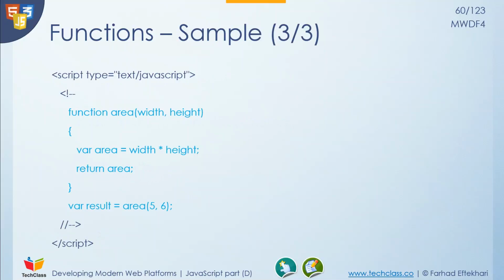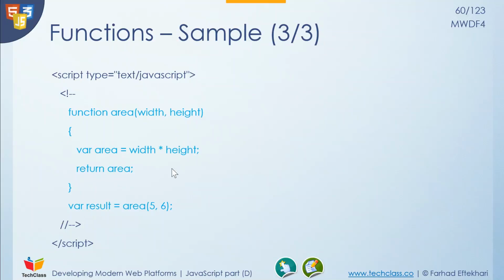And here is also an example of a function. In this function, you can see the function name is area, and it requires us to pass two values, width and height. What it does is calculate the area based on the width and height. Imagine you have a square or rectangle, and you send the width and height of that to this function, and as an output, this function will return you the area.